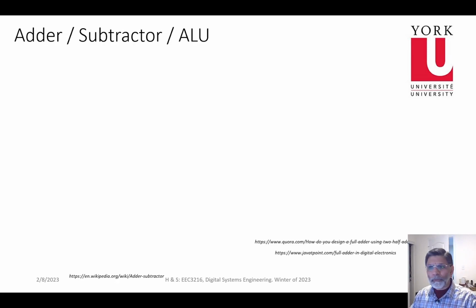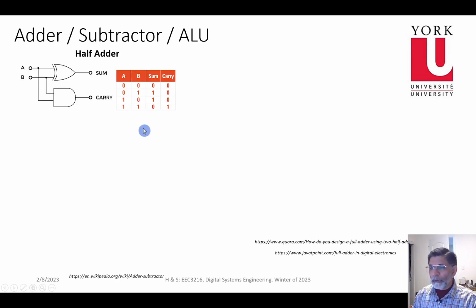All right, next we're going to talk about the adder and subtractor, which are part of the ALU block which we saw earlier. So that's a half adder there. You can see the truth table and the structural connection.